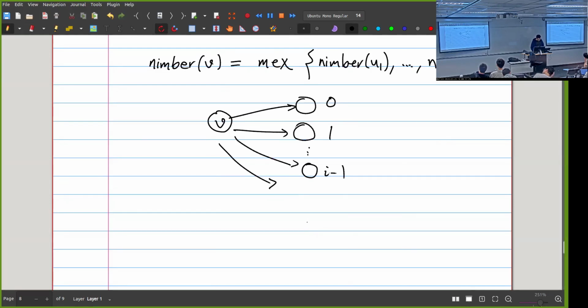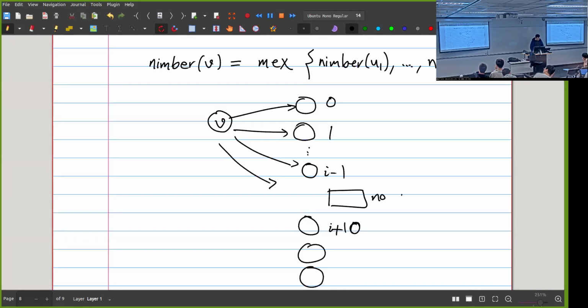Then in these successors, I might have a number that is bigger than I. So maybe I have, I don't know, I plus 10. Okay. I have a bunch of other numbers, but I don't have any number I. So I have all the numbers before I, but I don't have I itself in my successor. And I'm saying that in this case, it makes sense to just assign I to this vertex V.